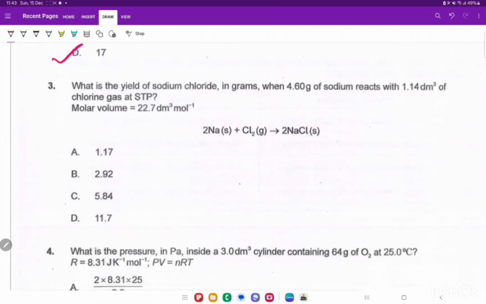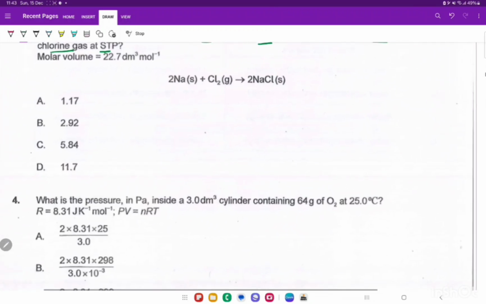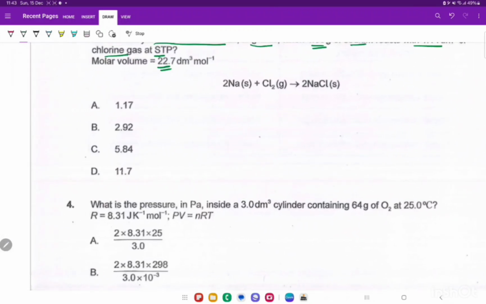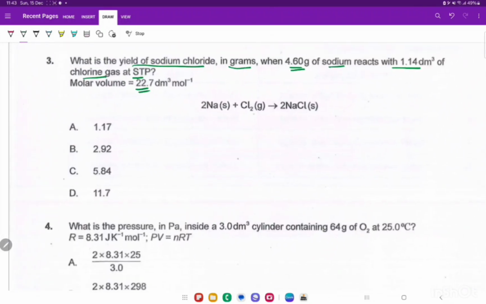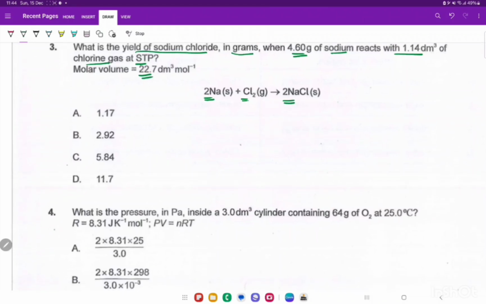What is the yield of sodium chloride? Next is the yield of sodium chloride in grams when 4.60 g of sodium reacts with 1.14 dm cube of chlorine at STP, and the molar volume given is 22.7. According to this equation, 2 moles of sodium react with 1 mole of chlorine to form 2 moles of sodium chloride. The mass is 4.60, so the moles of sodium is 4.60 divided by the molar mass of sodium, 23.